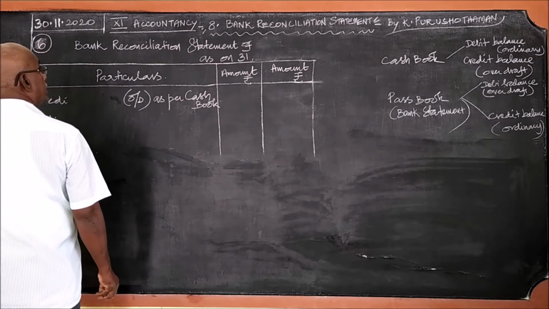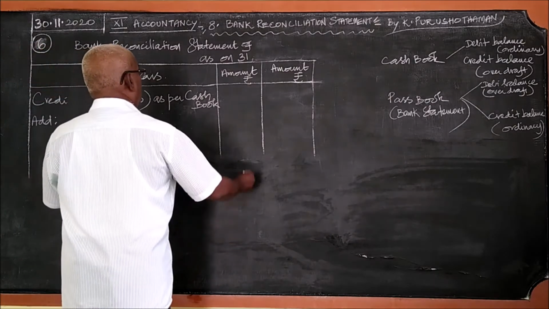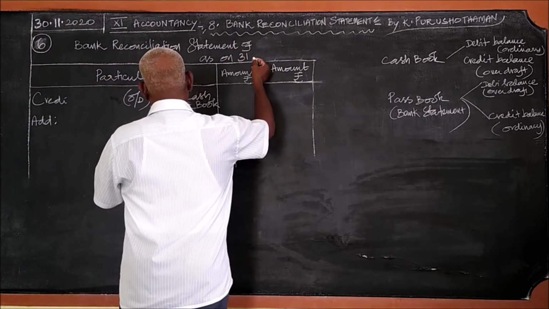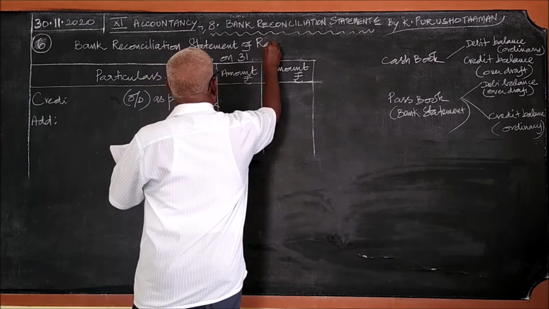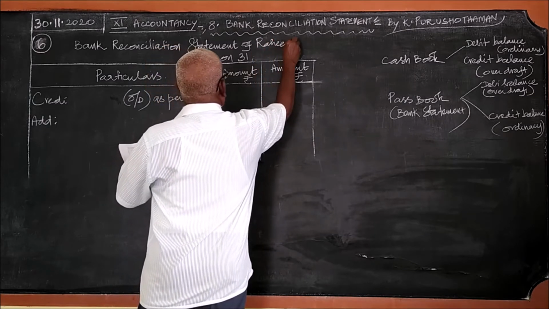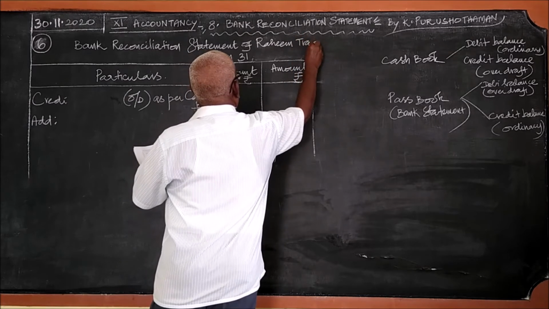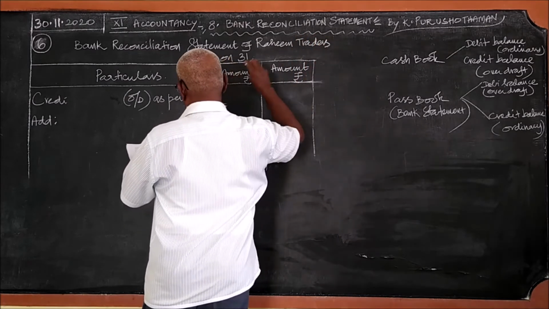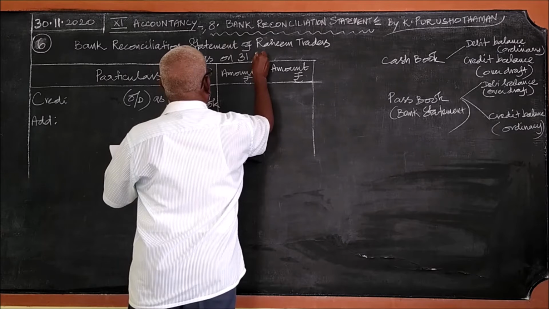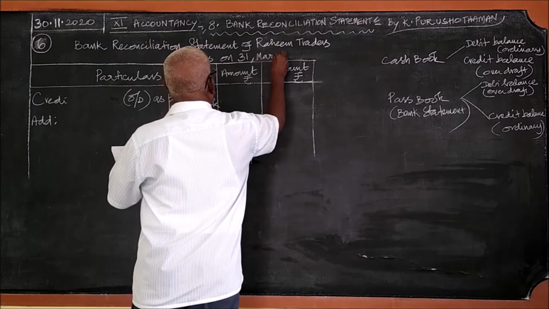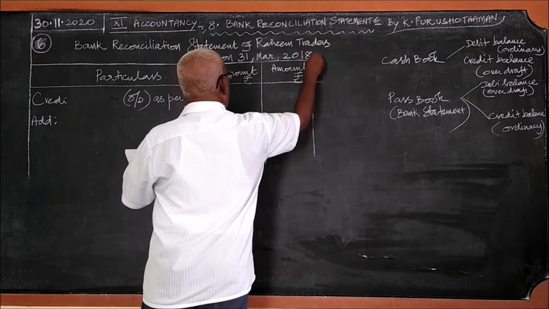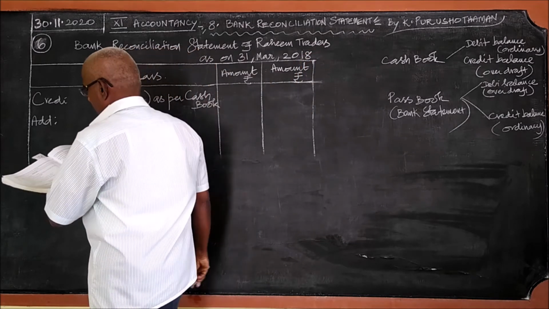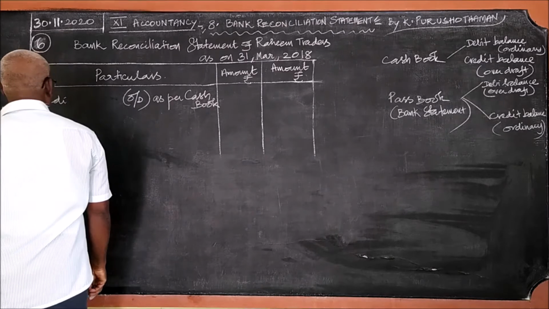Bank reconciliation statement of Rahim Traders as on 31st March 2018. In this also, overdraft as per cash book.